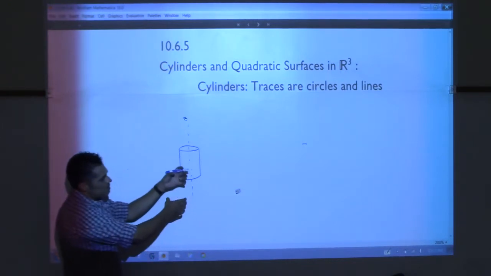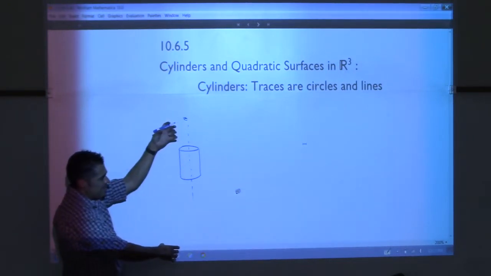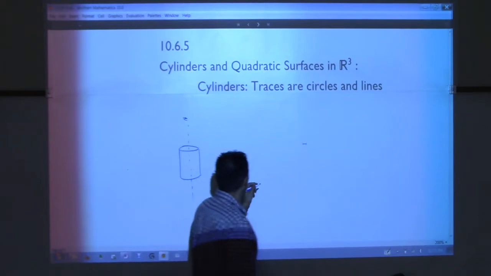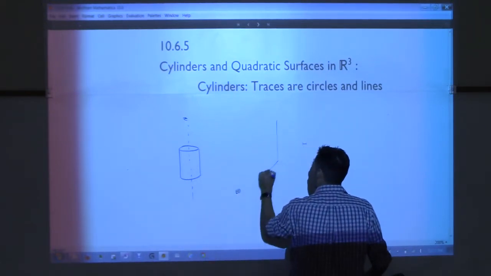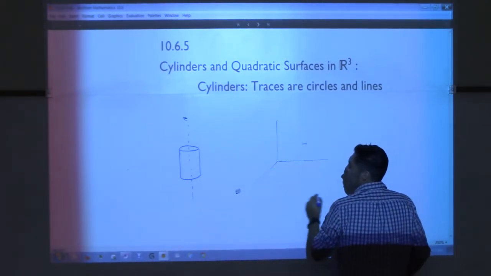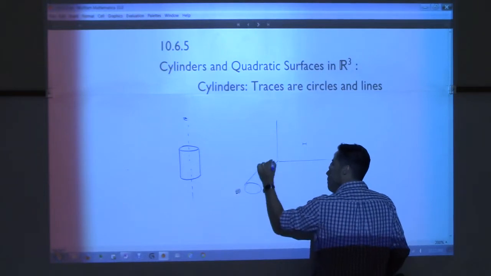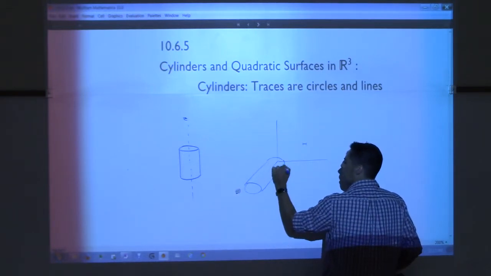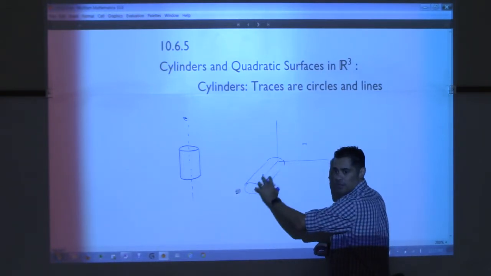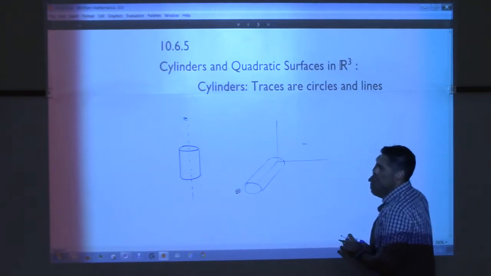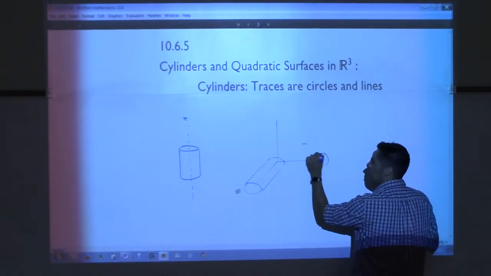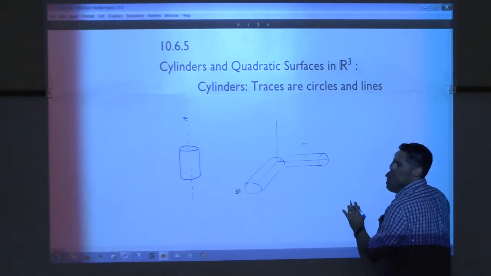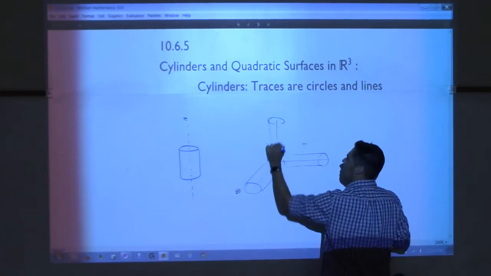This cylinder appears to open up through the z-axis. But I could also have a cylinder, let me draw three-dimensional space here, that is more like along the x-axis. Or I could have a cylinder that goes along the y-axis. Or that cylinder that is along the z-axis.